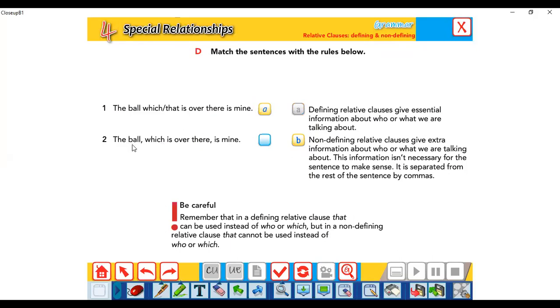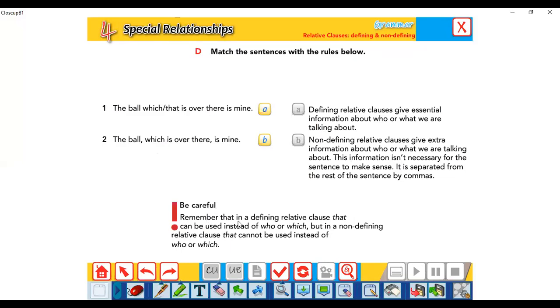Number two, the pole, comma, which is over there, comma, is mine. B. Okay, this is non-defining: relative clauses give extra information about who or what we are talking about. This information isn't necessary for the sentence to make sense. It is separated from the rest of the sentence by commas, okay? Be careful.